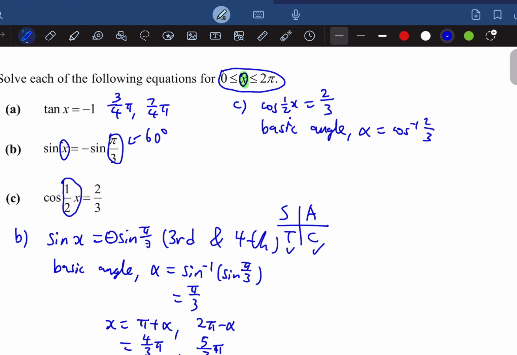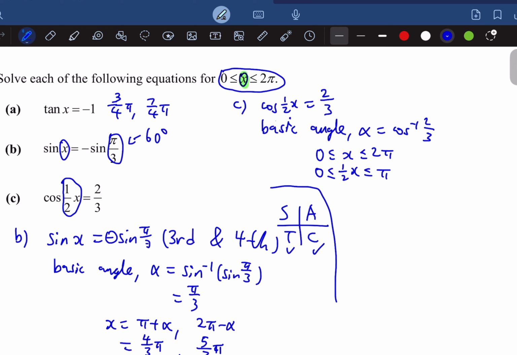The range given to us is from 0 to 2 pi, but now we are finding half x, so the range will change to just 0 to pi, which means that the hypo actually only rotates 2 quadrants. That one we need to be very mindful of.